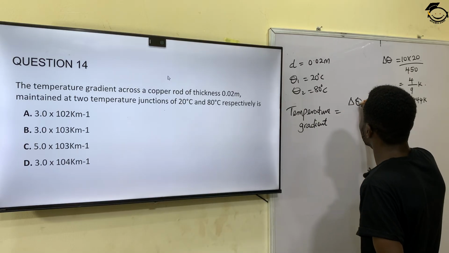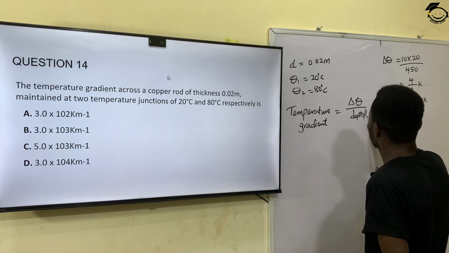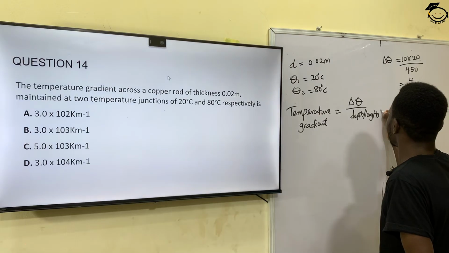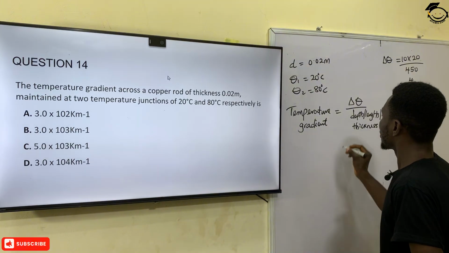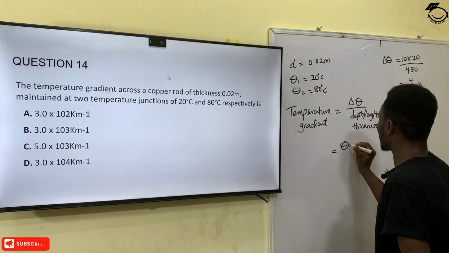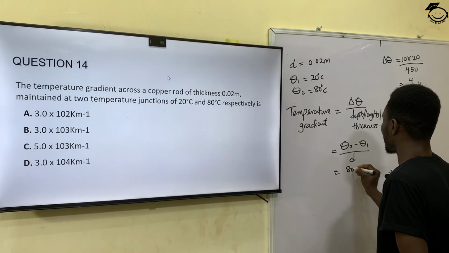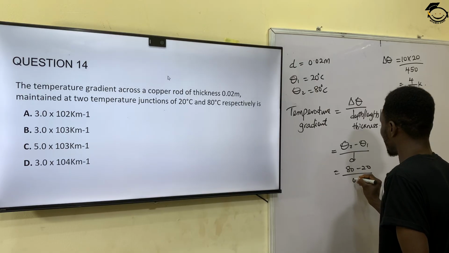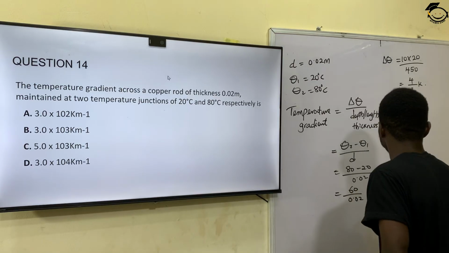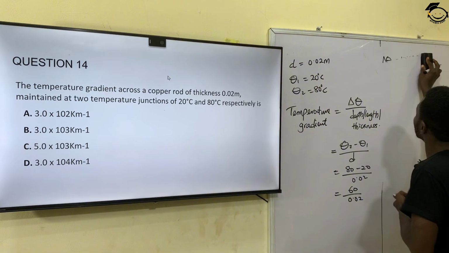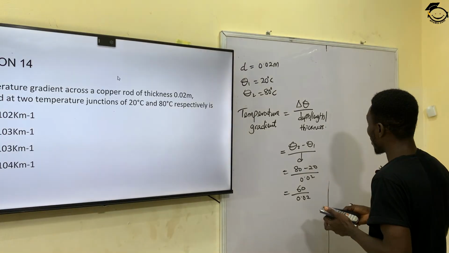is change in temperature over depth or length, and in this case thickness, you can call it thickness. So this means that what I have is theta 2 minus theta 1 over D or L. So that's the same as saying I have 80 minus 20 divided by 0.02, which will give me 60 divided by 0.02, and that will give me 3000.